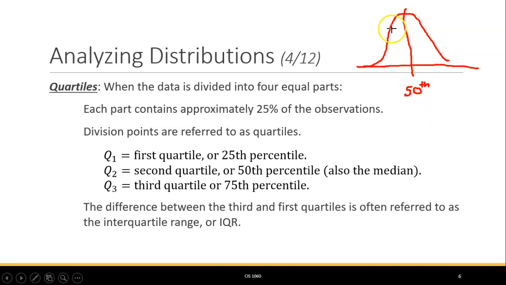Now, if we split the half in halves, now we have quarters. Let me choose a different color here. Let's try blue. Everything from here to here will be the first quartile. Here to here will be the second quartile. Here to here will be the third, and here to here will be the fourth.